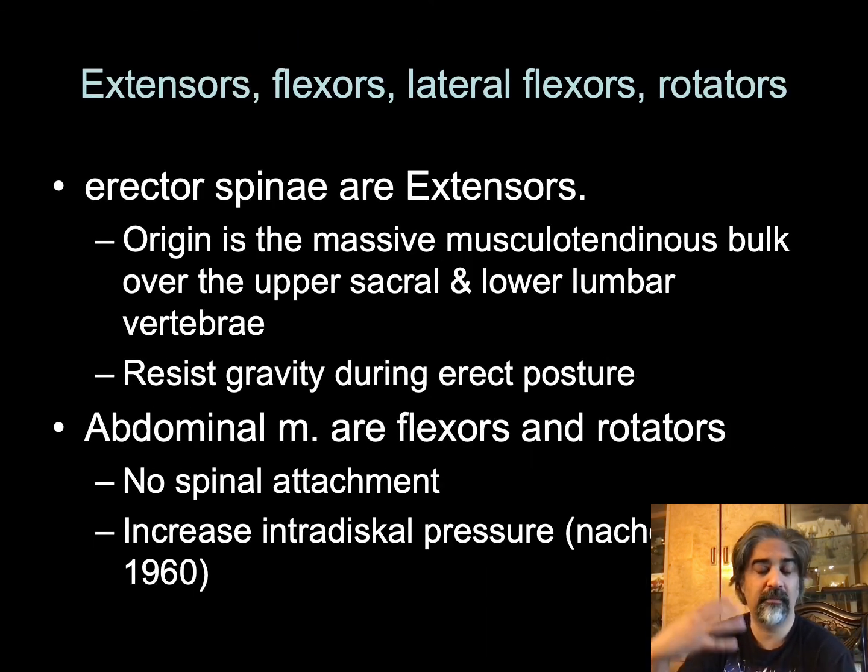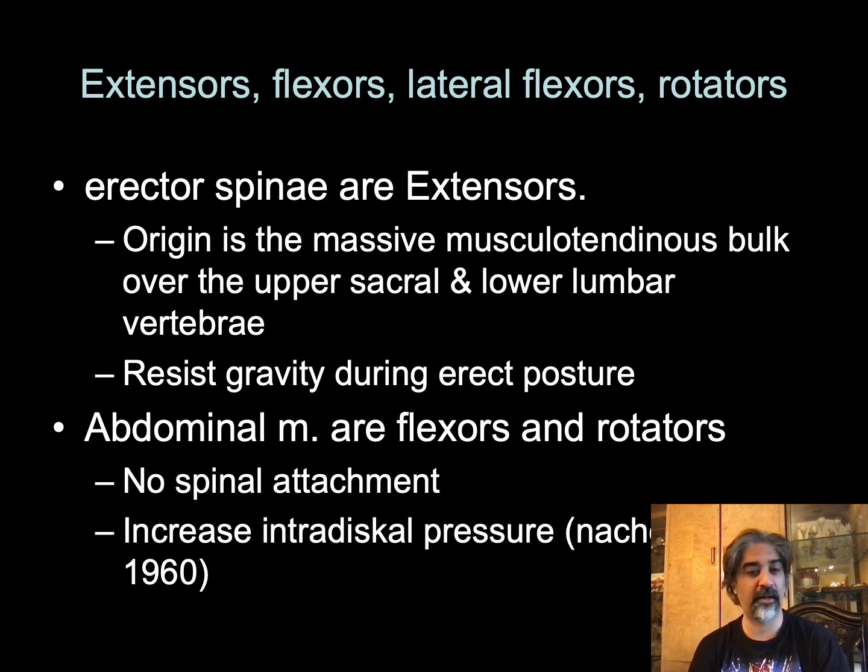The muscles in the back, we haven't really gone over, but you have the erector spinae, those long ones, are the extensors. And the origin is the massive musculotendinous bulk over the upper sacral and lower lumbar vertebrae. They resist gravity during erect posture. And then you've got your abdominal muscles in the front. They're flexors and rotators.